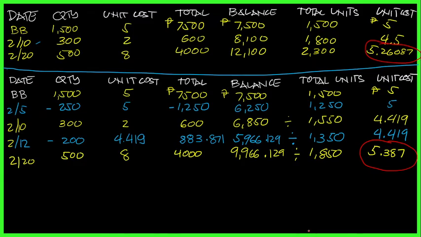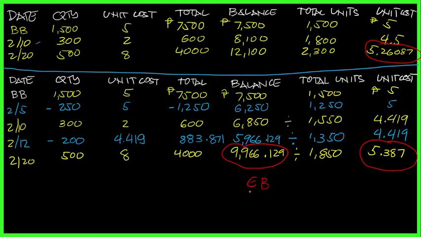So, that's how you value your inventory. For example, you are asked to compute what is now your cost of goods sold, and what is your ending inventory? This is the value of your ending inventory, the ending balance.